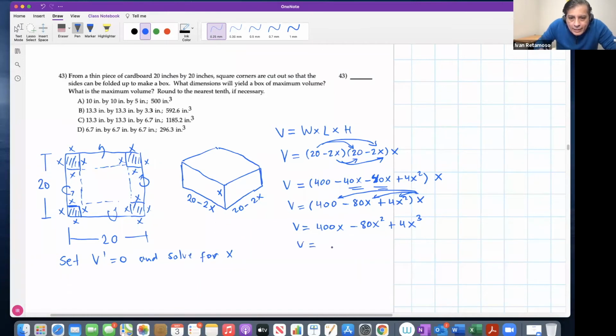Allow me to organize this cubic polynomial this way so that this will facilitate the computation of the derivative and also will facilitate solving the equation. Derivative equal to 0. The derivative of the cubic term is going to be 12x squared, minus 80 multiplied by 2, that comes down, 160x, plus 400. This should be equal to 0.